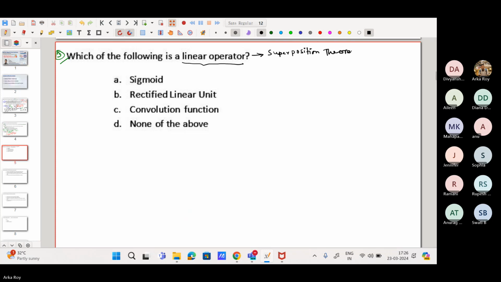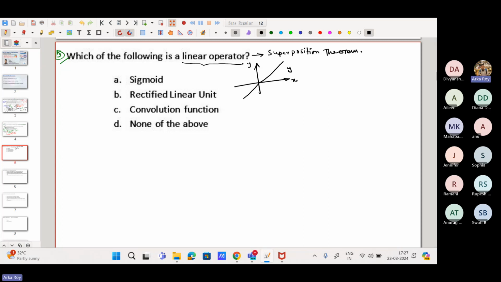If I talk in mathematical terms, the transfer function, y given x, the response should be linear, and the line should pass through the origin only.